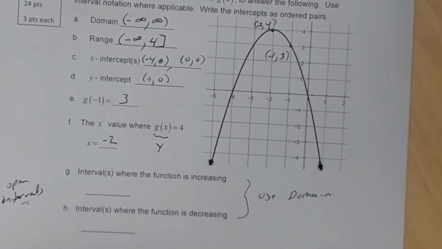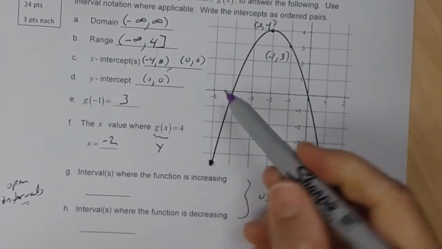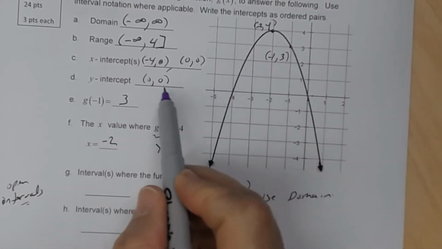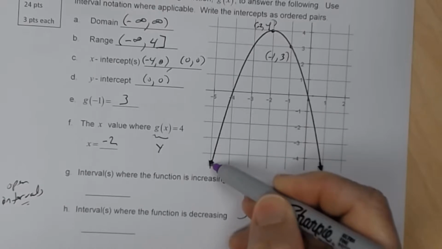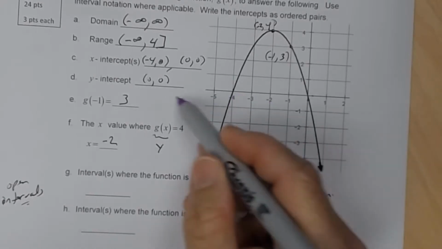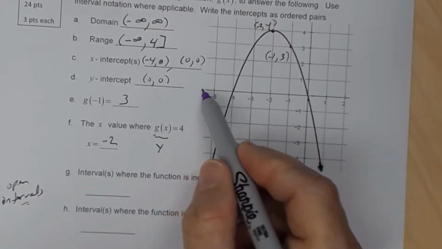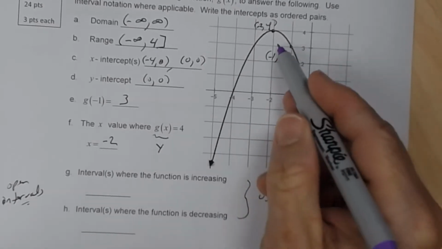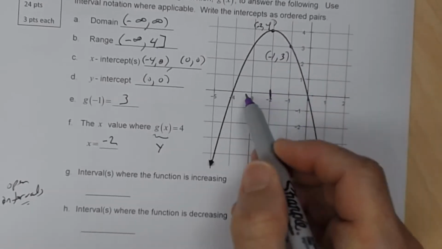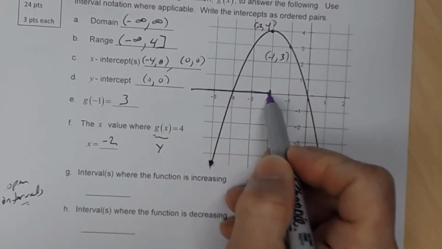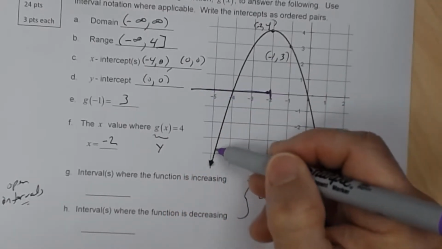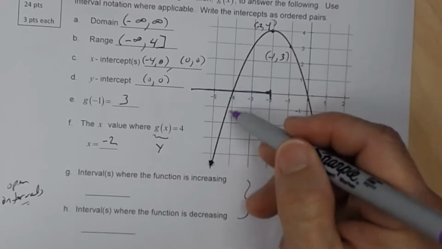Okay, so when you look at your function as you go from left to right, notice that as x increases, as I go from negative infinity to, I'm going to use this right here just to show you, negative 2. From negative infinity to negative 2, my y values are increasing.